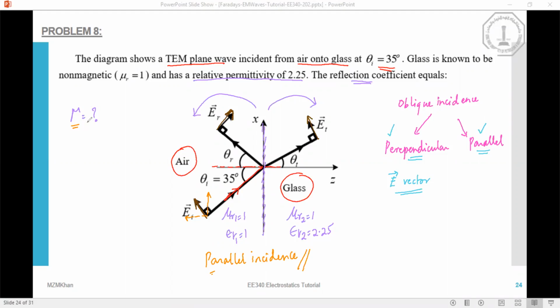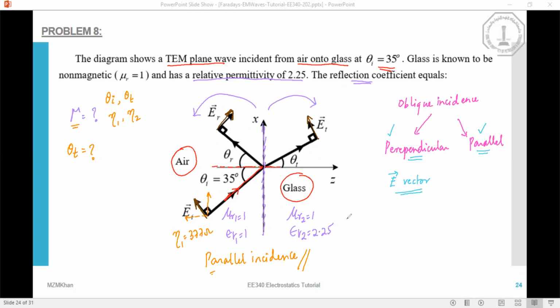But remember, for the reflection coefficient, you first need to know your transmitted angle, because your reflection coefficient is a function of incident angle, transmitted angle, eta 1 and eta 2. Eta 1 we can find out: it is 377 ohms.